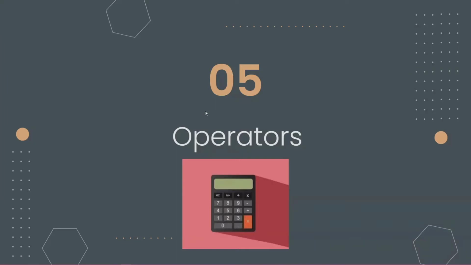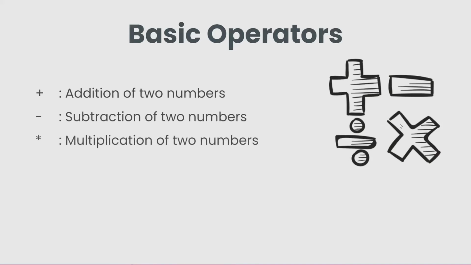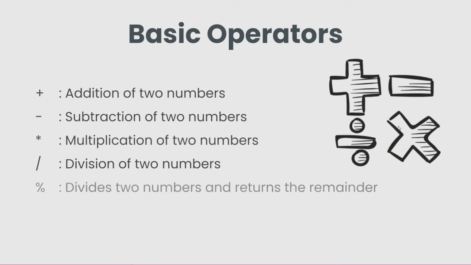So I'll be moving on to operators now. The first type of operators we'll learn is the basic operators. These will be your mathematical functions basically. A lot of it is quite self-explanatory. So plus is addition, minus is subtract, the asterisk is multiplication, so on and so forth.